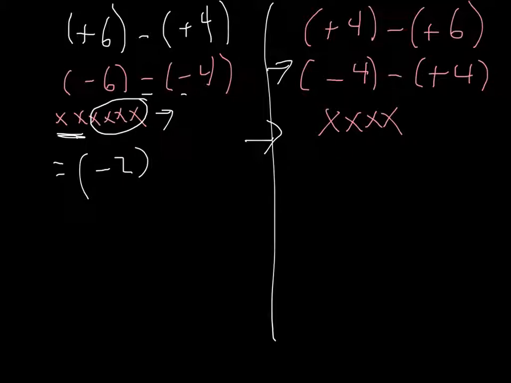So I need to represent negative 4 with at least 4 circles in it. You'd have to go back to that first video idea. There are lots of ways to represent negative 4 with tiles.